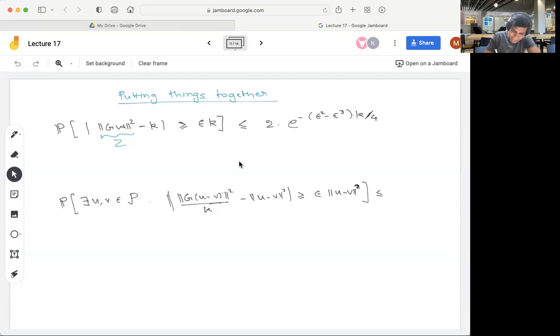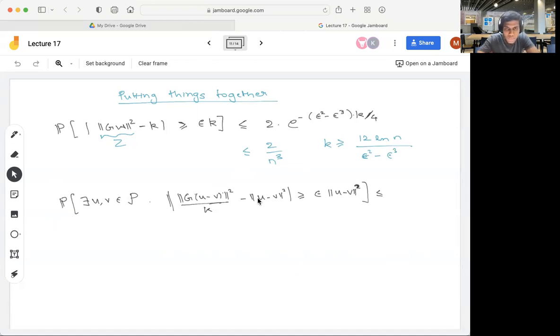Now you can see that this is less than or equal to 2 over n cubed for k sufficiently large. So if k is larger than whatever we had earlier, 12 ln n divided by the quantity, then the probability is less than or equal to 2 over n cubed.